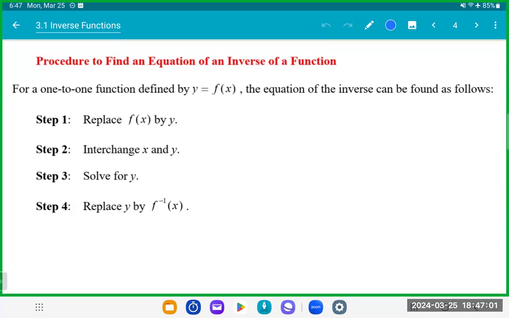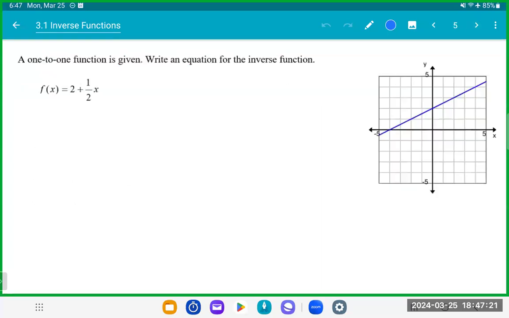Then you change the x and y variables. So everywhere you have an x, make it a y, and everywhere you have a y, make it an x. Then you solve the problem for y. And then you replace the y with the f inverse symbol. So let's walk through a couple of examples of this.